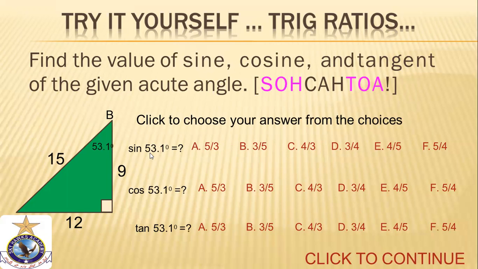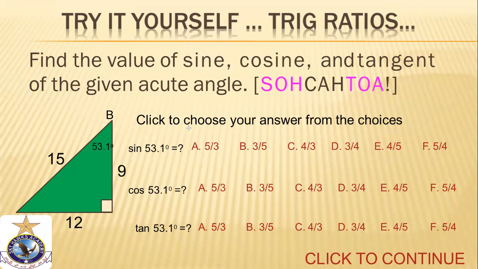All right. Let me do these then. So that is sine. Opposite is 12 divided by hypotenuse 15. That goes down to 0.8.